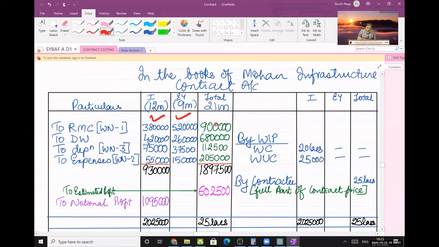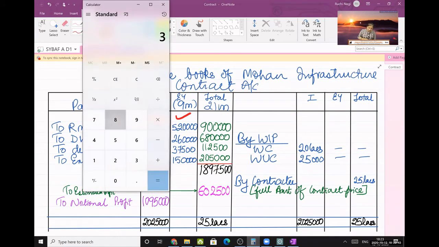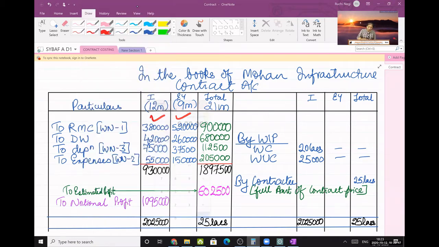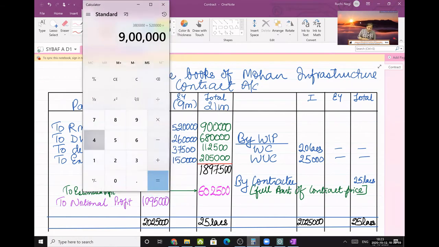So 3,80,000 plus 5,20,000 is how much? 9 lakhs total. Okay, simultaneously total भी करते जाओ. Direct wages 4,20,000 and 2,60,000. Total it: 4,20,000 plus 2,60,000, 6,80,000.